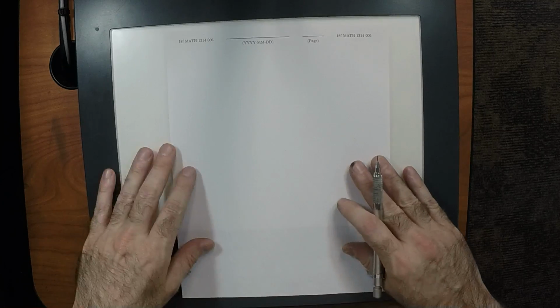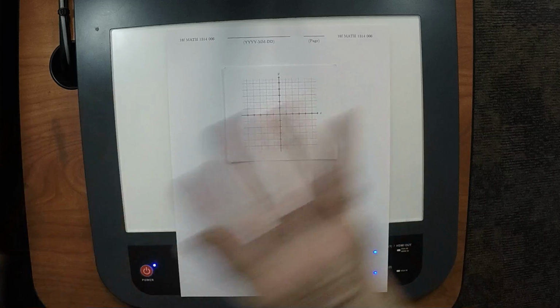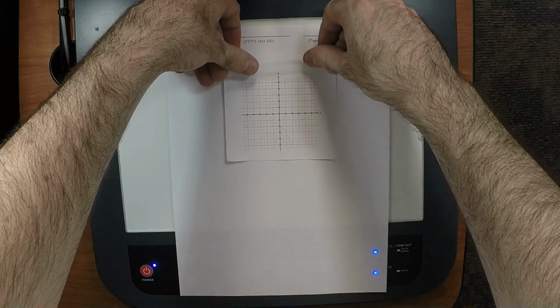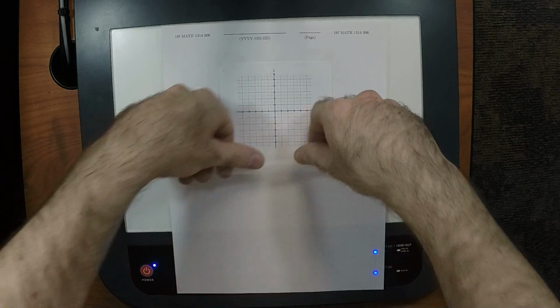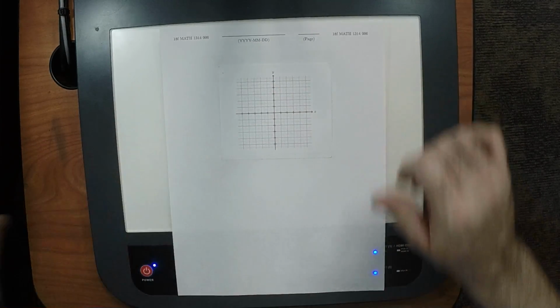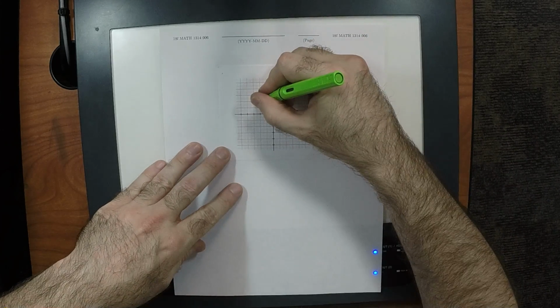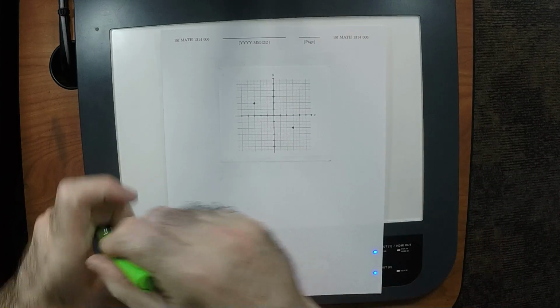So here's the exercise. So, there's 2 points.